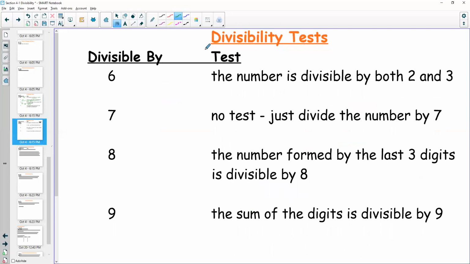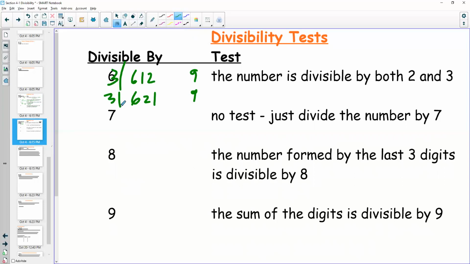The rule for 6 is essentially that if a number is even and it's divisible by 3, it's also divisible by 6. Okay? So those are dependent. So this would be like 612 versus 621. They both add up, the sum of their digits are 9, so they're both divisible by 3.